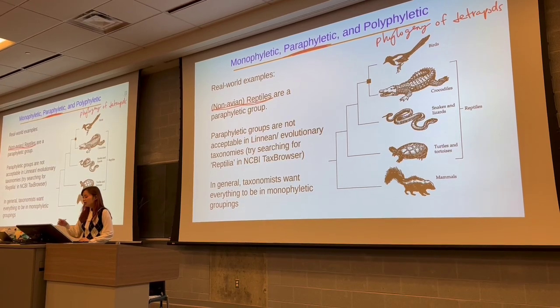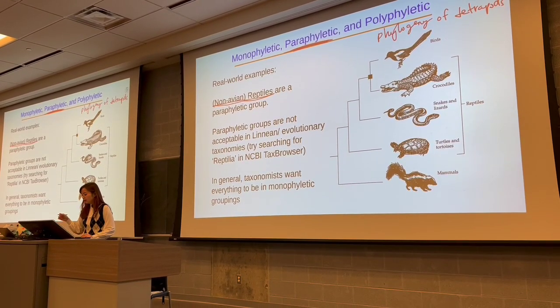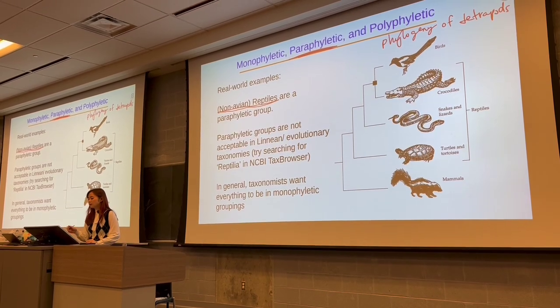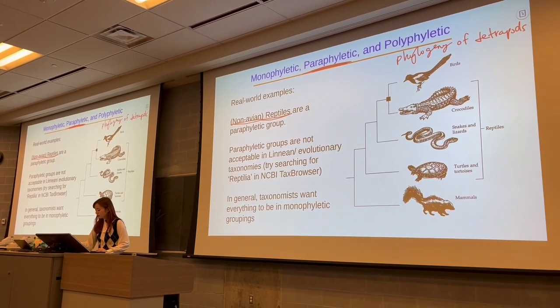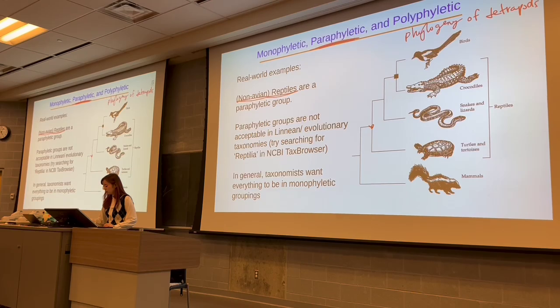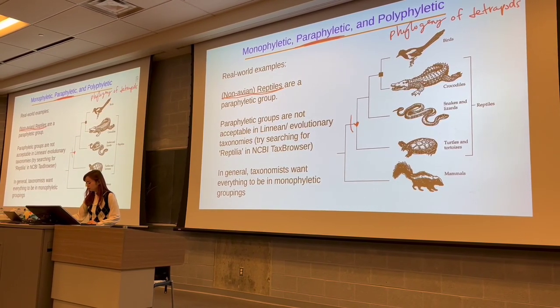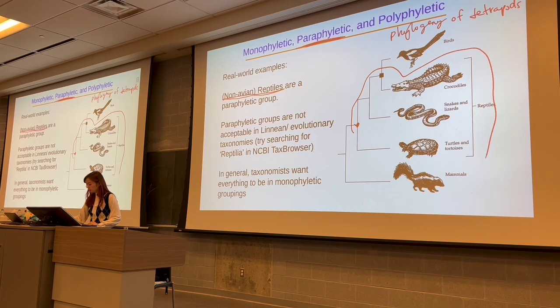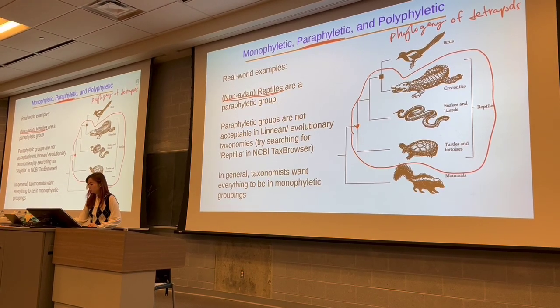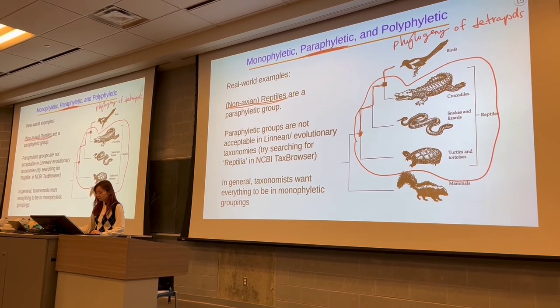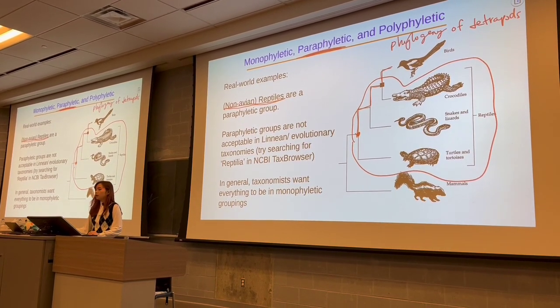You will not be able to find a single common ancestor that is the common ancestor to all reptiles, but not to birds, right? So it would be this one for all reptiles. But as you can see, the birds also descend from it. So it would be a paraphyletic group if we were to only look at non-avian reptiles.